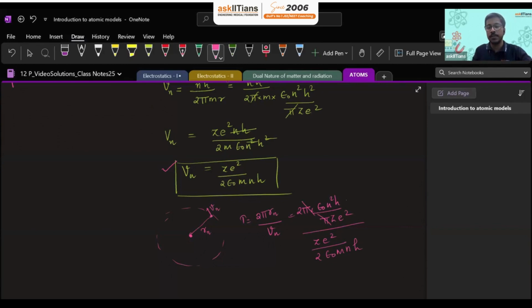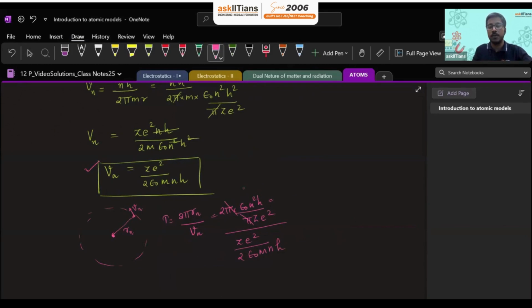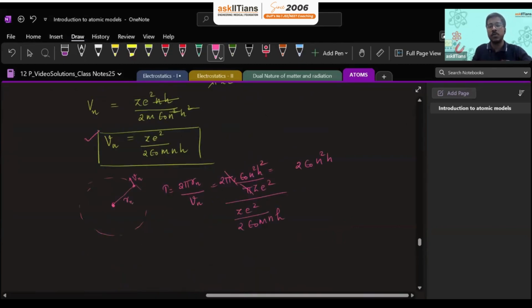So this becomes 2 epsilon naught n square h square divided by z e square, into 2 epsilon naught m n h divided by z e square.